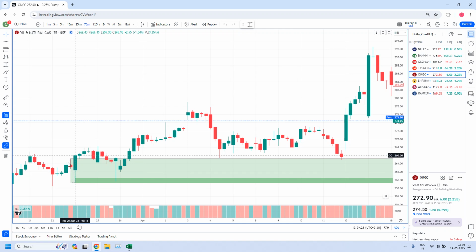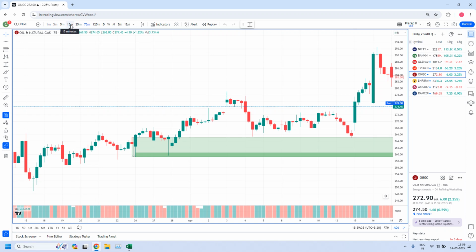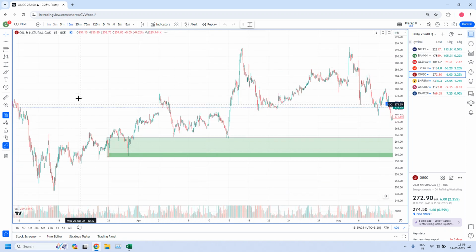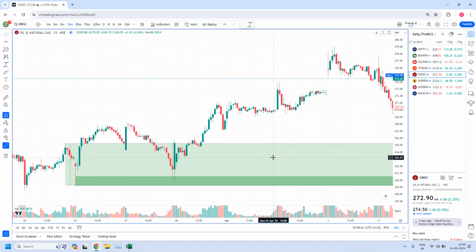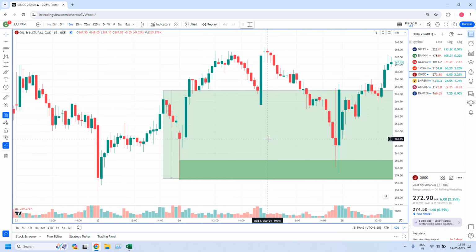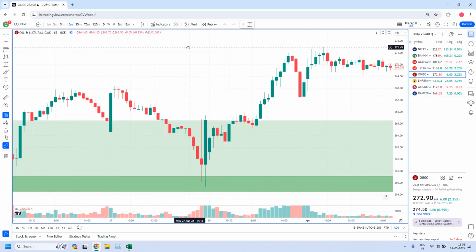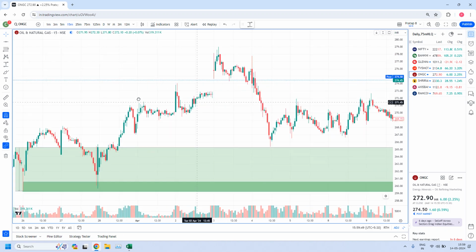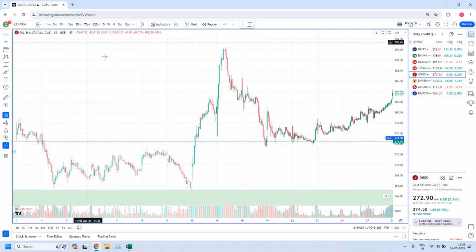This is what our software identified. This 75-minute zone is fine-tuned with the 15 minutes time frame. In the 15 minutes time frame, we don't have any 15 minutes fine-tuned area.